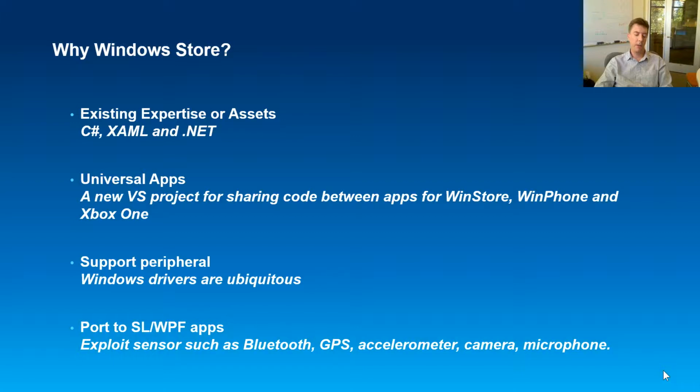The other great reason you'd want to do a Windows Store app is because of the abundance of drivers. For every sort of map, printer, plotter, camera, microphone, it's quite likely that there's a Windows driver for that device. So that's the reason why you want to stick within the Microsoft ecosystem.